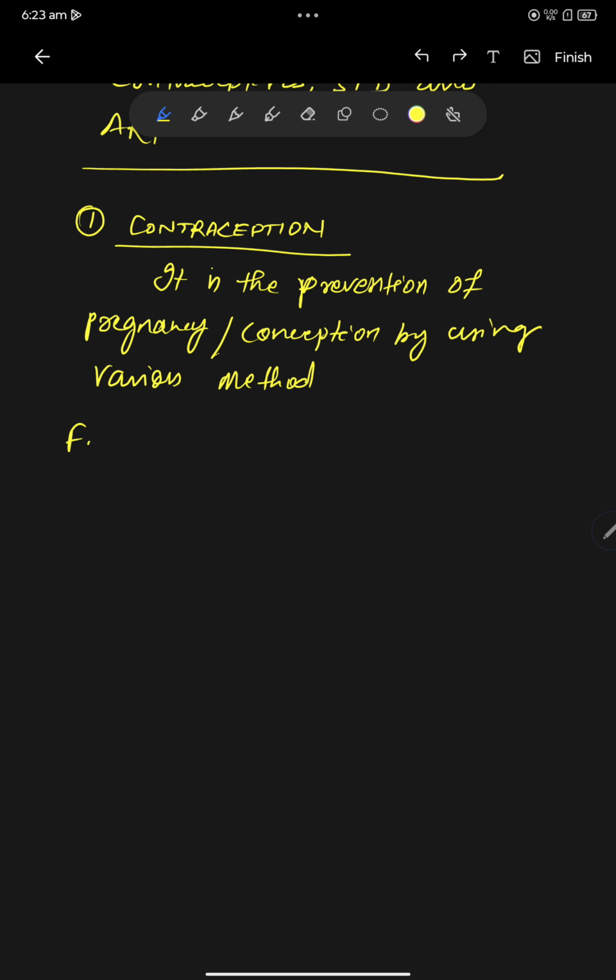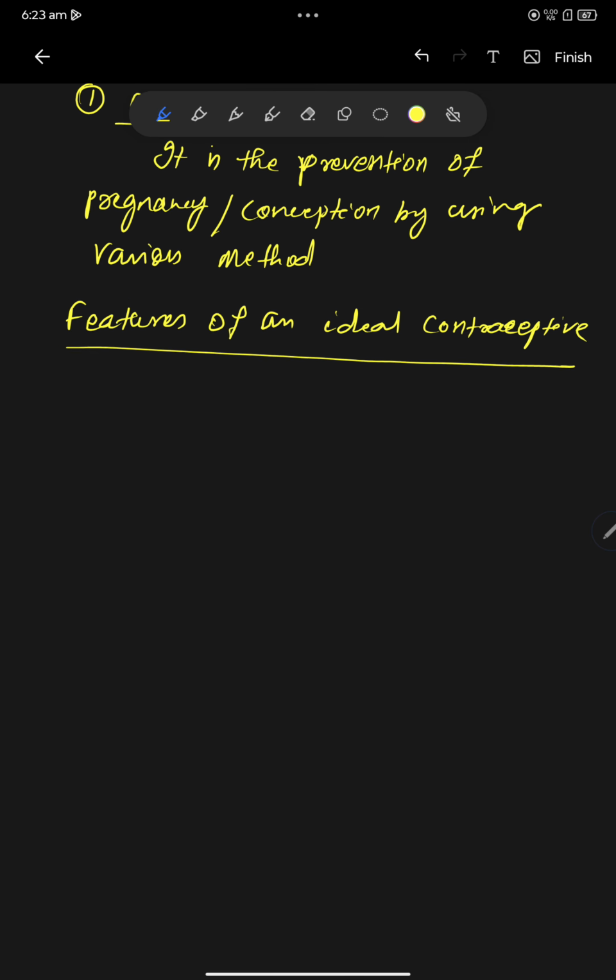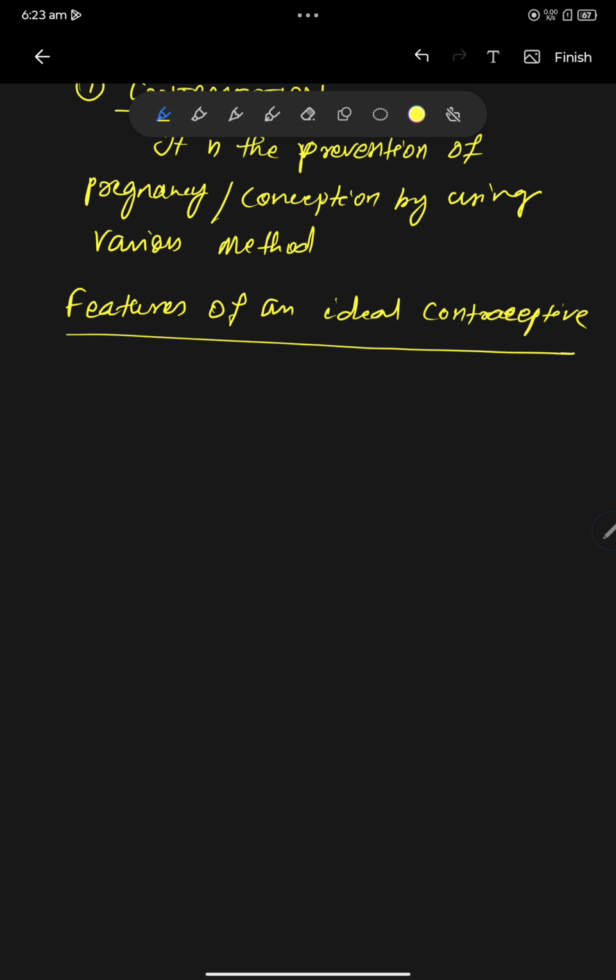What features should a contraceptive have, and which contraceptive will be safer for the person using it? The first feature is that it is user friendly.